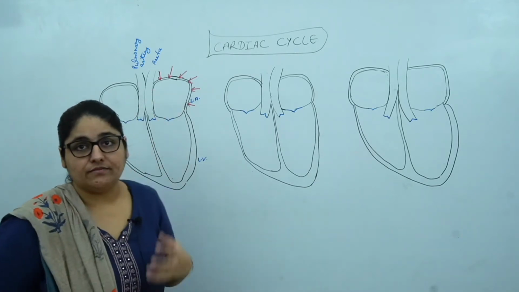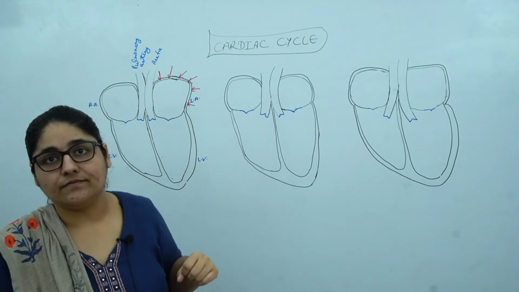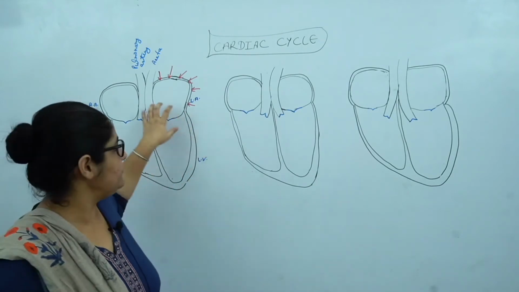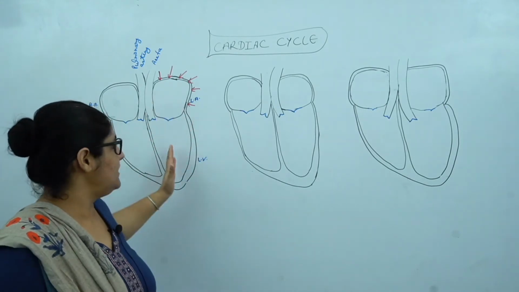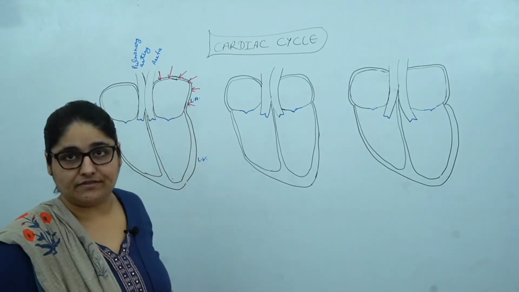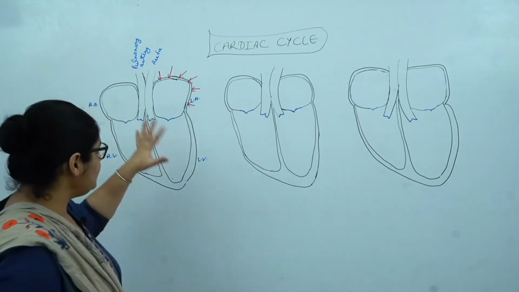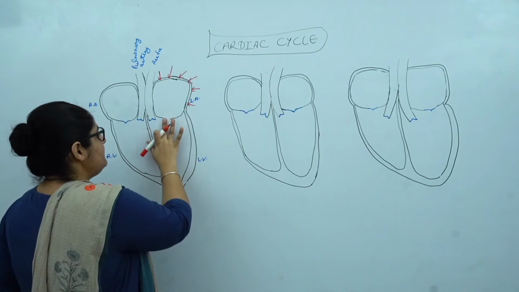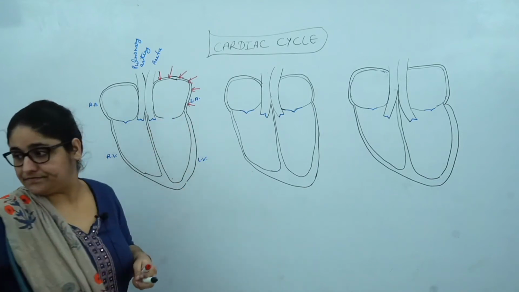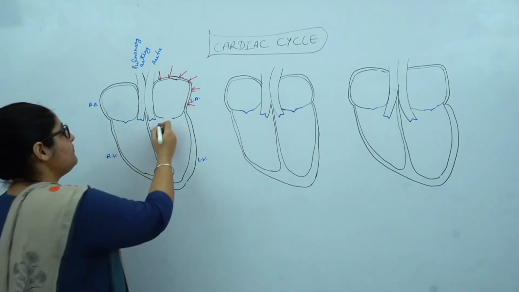When the atrium starts contracting, the pressure in the atrium will increase and be higher than the pressure in the ventricle. So, in this condition, the mitral valve will open.